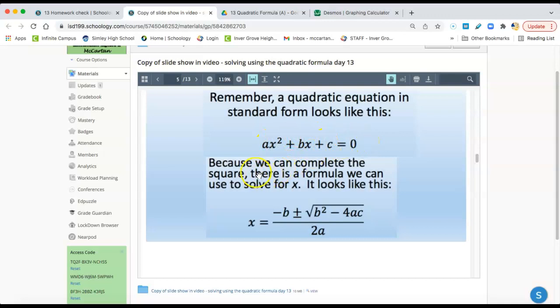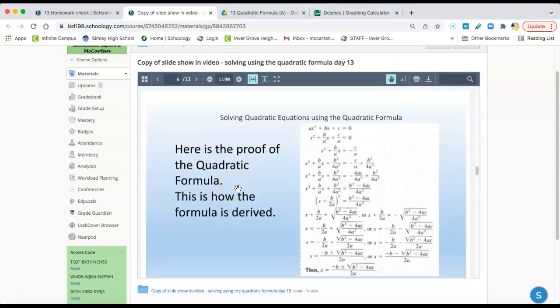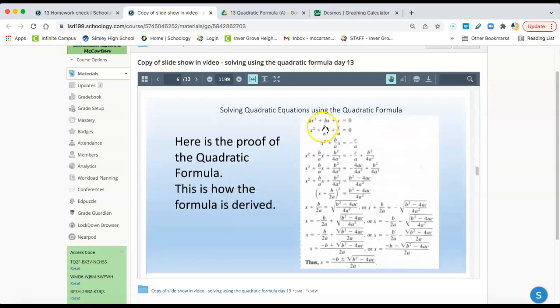But because we can complete the square, we can actually solve this for x in terms of a, b, and c, and that's what we do right here. We complete the square, and this was the proof right here. Remember? Completed the square, so we could write it as a perfect square. That's the technique.